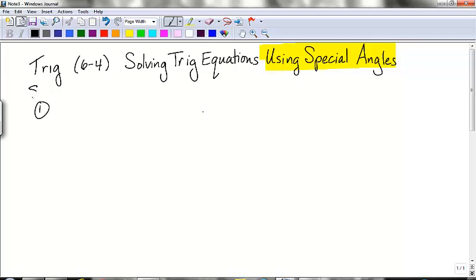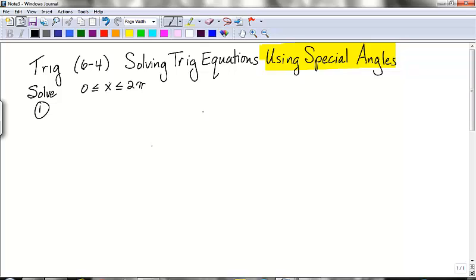If they say, and all they're going to do is say solve, they will usually give you some restrictions. If they don't give you the restrictions, because we're on a coordinate plane, you could go around an infinite number of times. So on this one, they're going to say solve, and x is going to be less than or equal to 2 pi and greater than or equal to 0.